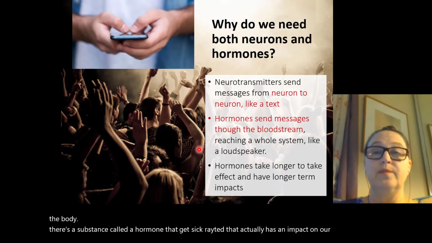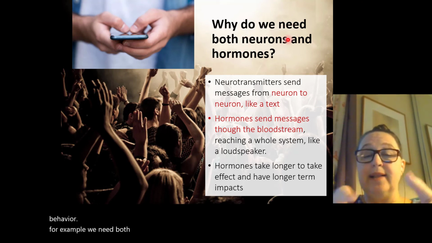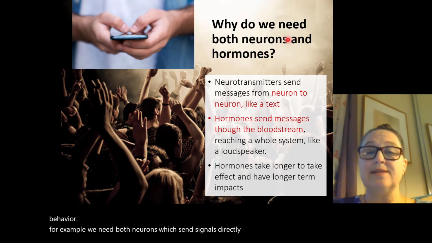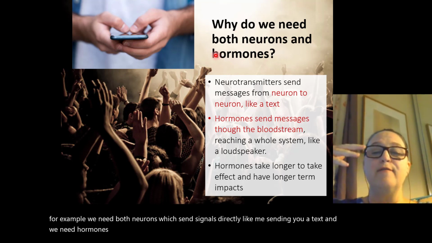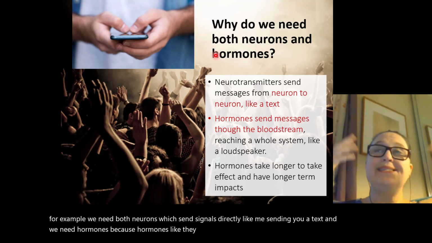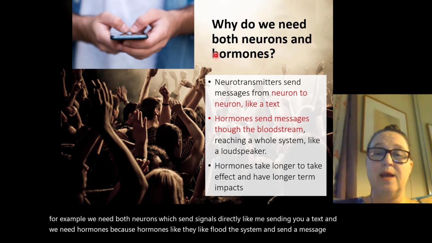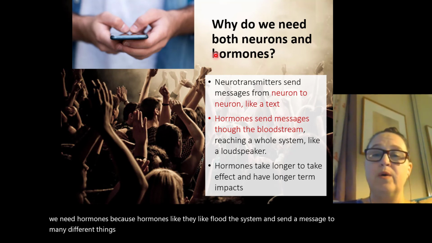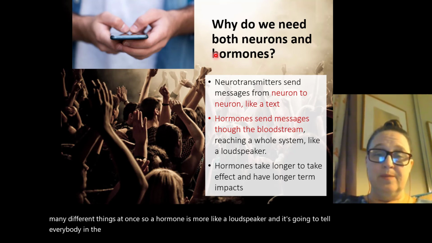For example, we need both neurons, which send signals directly, like me sending you a text, and we need hormones, because hormones flood the system and send a message to many different things at once. So a hormone is more like a loudspeaker, and it's going to tell everybody in the room what the message is.